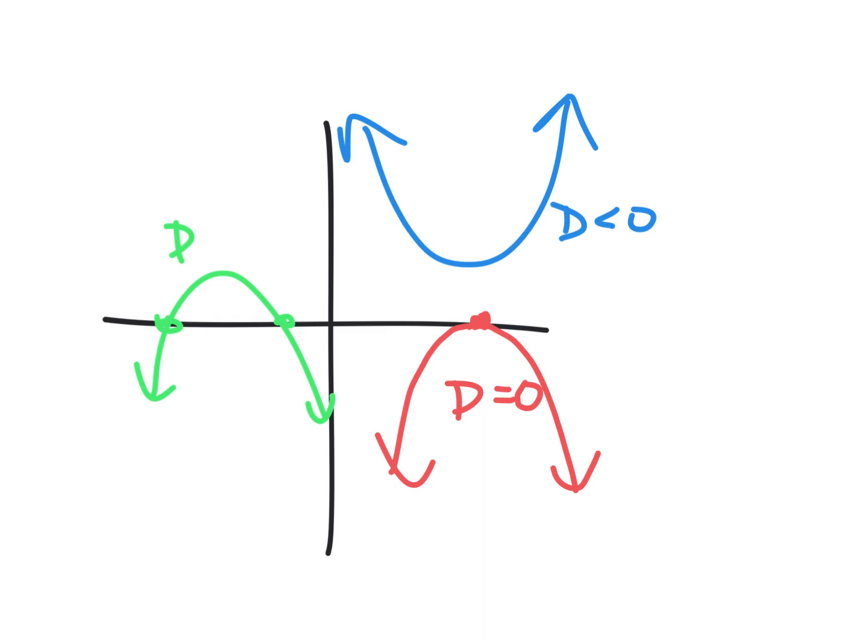What was that discriminant, positive or negative? Positive. So the positive kind, they have 2 solutions. The negative kind, like the blue one, their discriminant is negative and they have no solutions. And then the red kind has 1 solution, and it's the vertex, when the discriminant is 0.